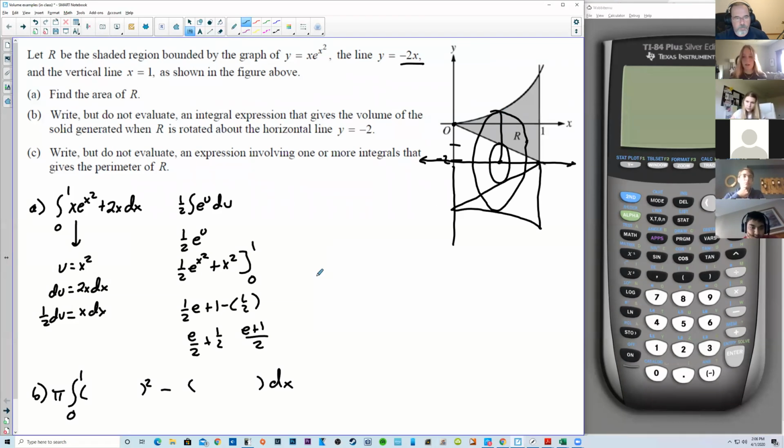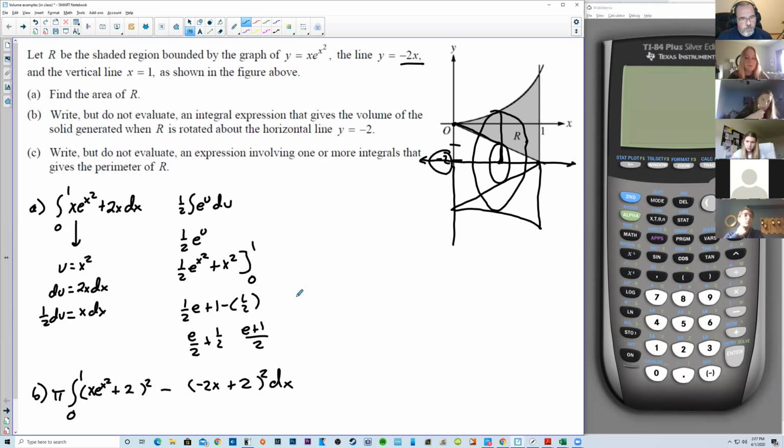So that's going to be x e to the x squared minus negative 2, or plus 2, because we're down here at y equals negative 2. That's the big radius. And then the little radius is this line minus negative 2. So negative 2x plus 2. Squared. Squared. Any questions on that one?